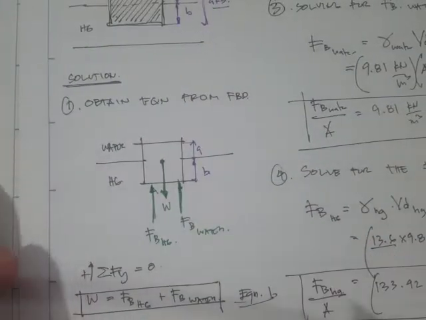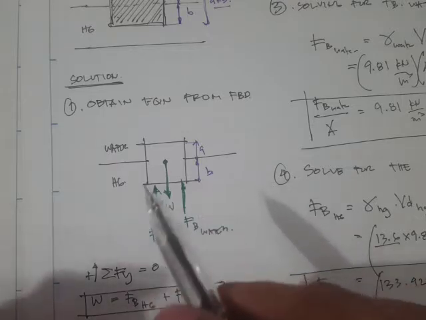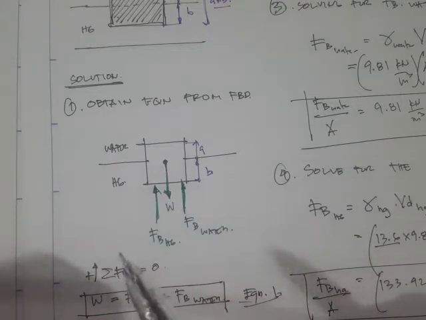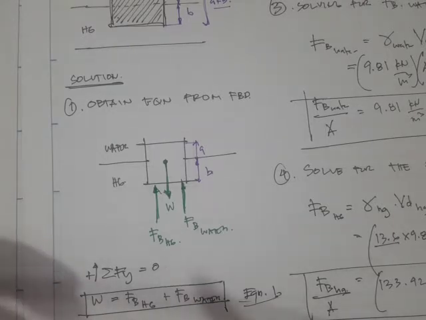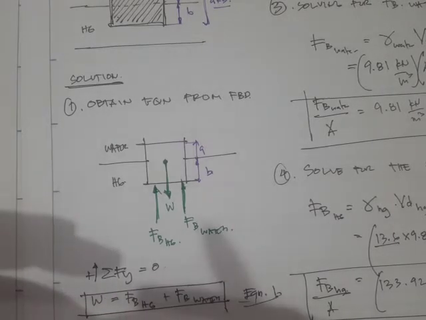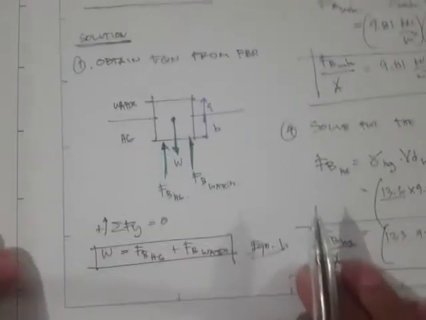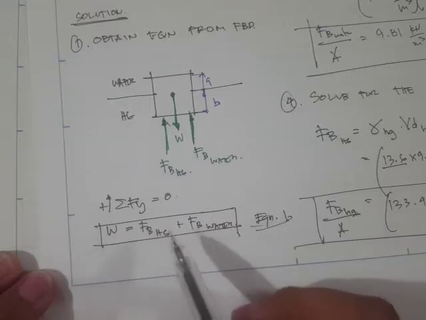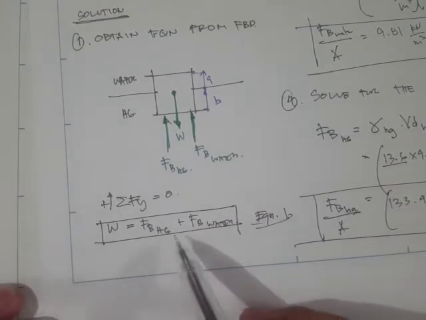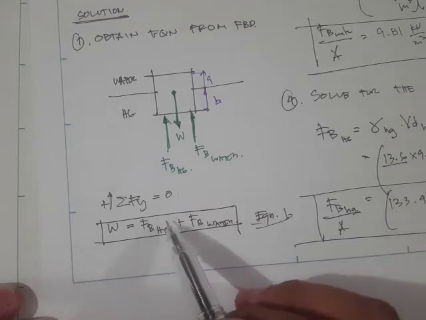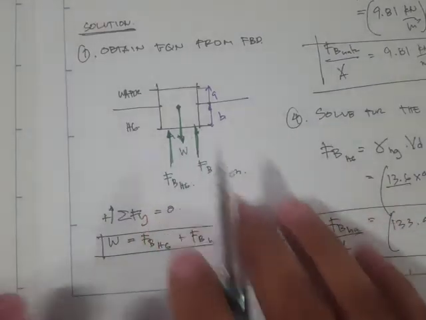The first thing that we did is to apply the equilibrium equations and draw the free body diagram, so that we can find the unknowns, which can be solved directly or later on. When we applied these equilibrium conditions, we found that the weight is simply equal to the buoyant force provided by the mercury plus the buoyant force provided by the water.